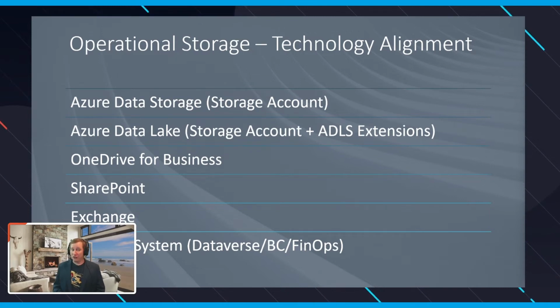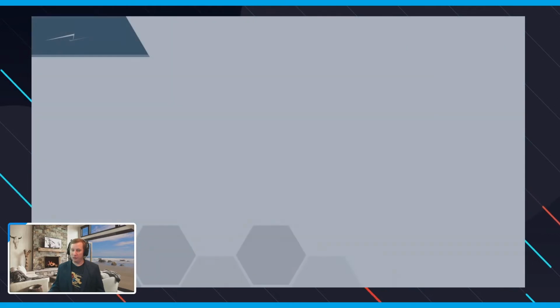With data lakes, you enable what we call ADLS extensions on that storage account. So storage accounts are also a very valid way to store information, along with OneDrive, SharePoint, Exchange, and then the business system data. Just make sure you're going through and classifying these so that you know where that data is going to land as you go through that particular process.